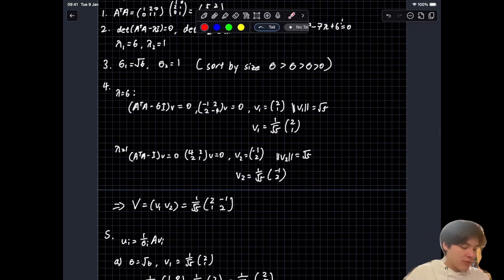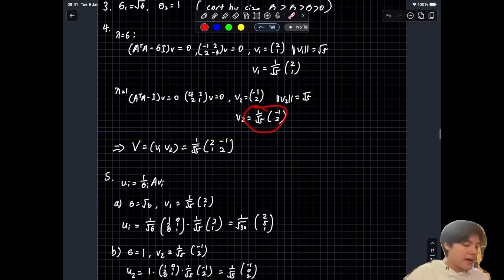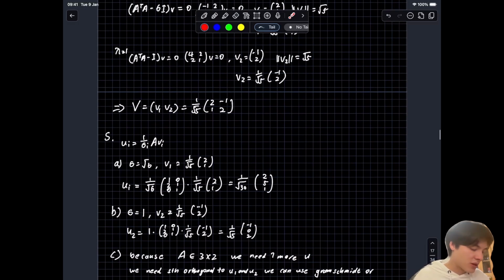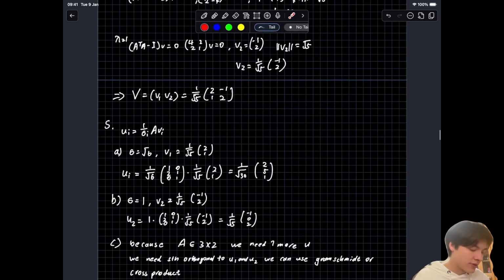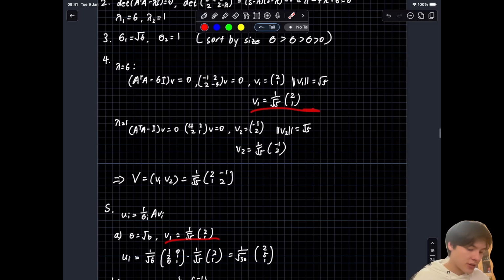We do the same for lambda equals 1, and we would get this vector. So we get our V, which is just v1, v2, which is this. And now we solve for u1. For sigma equal to the square root of 6, our corresponding vector is this one, (2, 1).